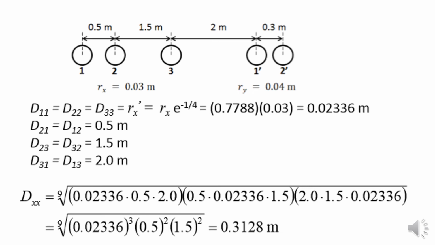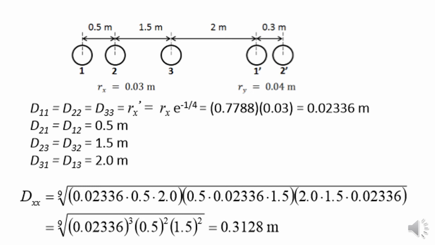For this one, Rx is 0.3, right? e to the power minus 1 over 4 is 0.7788. So when you have D11, D22, D33, the distance between the same line, that will be the radius multiplied by e to the power minus 1 over 4, which is a given constant, right?